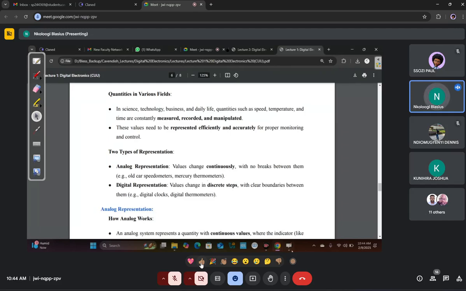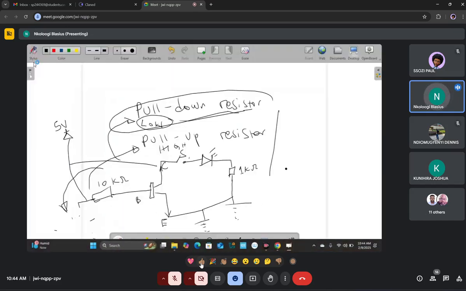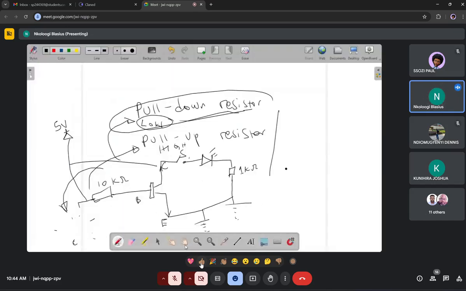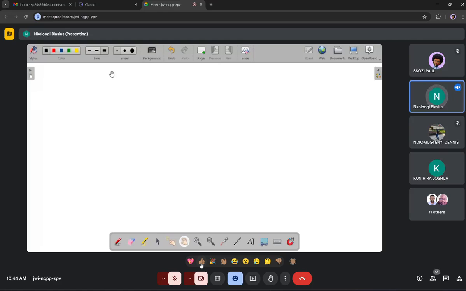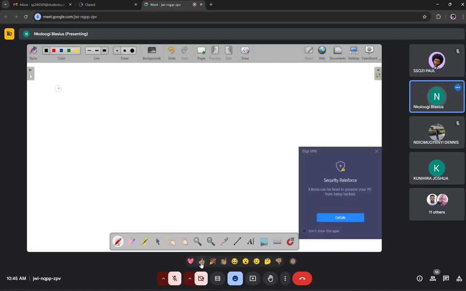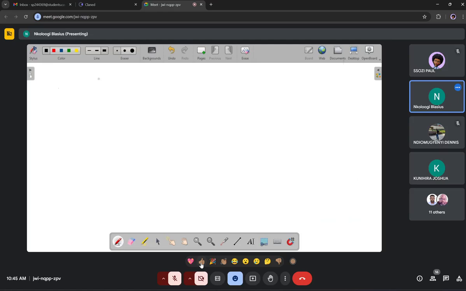So when I talk about quantization error, maybe I could leave this board. I have another one here. Assuming you have your input here, and you're saying you have your analog signal here. This is the analog signal.